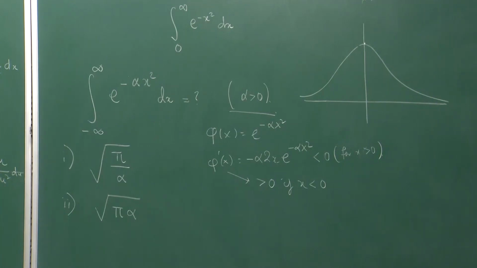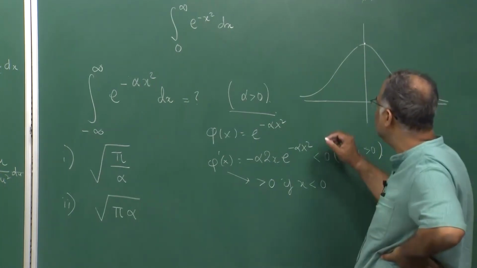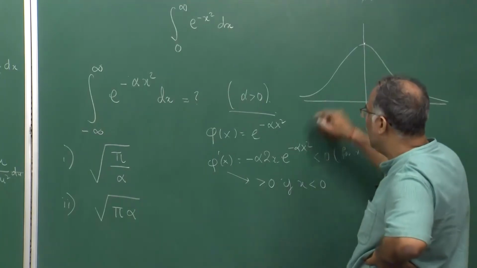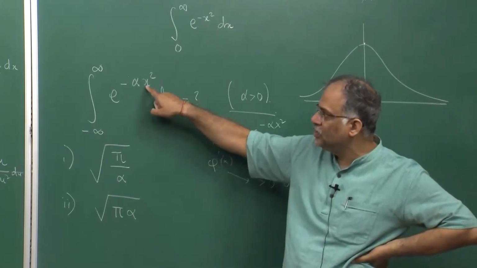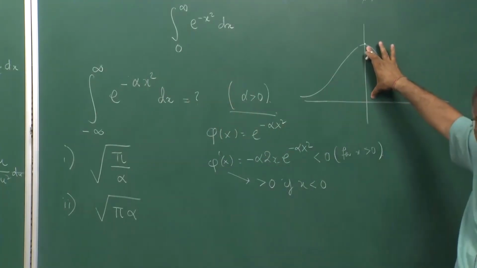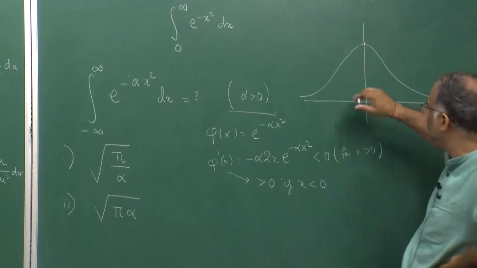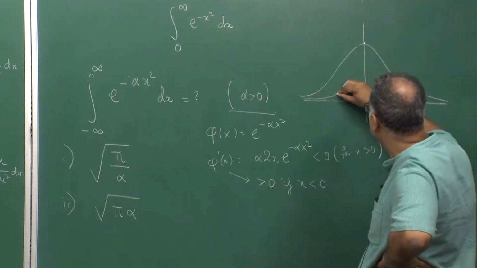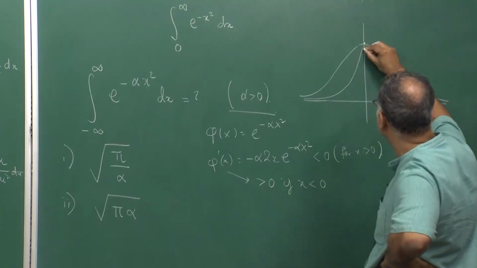What would happen if I now increase the value of alpha? I always have to keep the value at x equal to 0 as 1, so this length cannot be changed. If I increase alpha, the graph would become sharper like this.